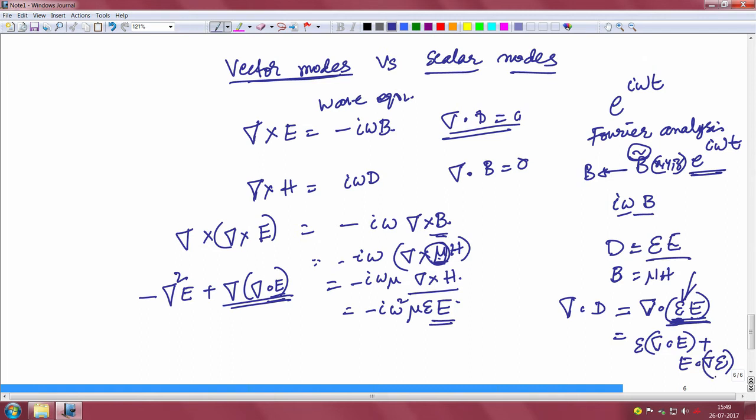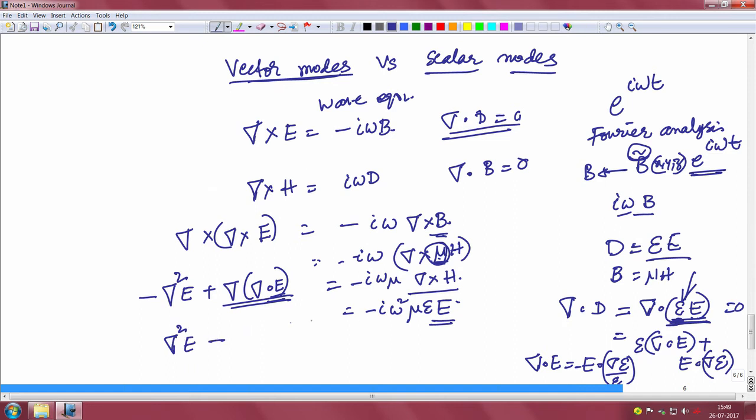We can use del dot D equals 0 according to Maxwell's equation. So, we can say that del dot E equals minus E dot del epsilon by epsilon.